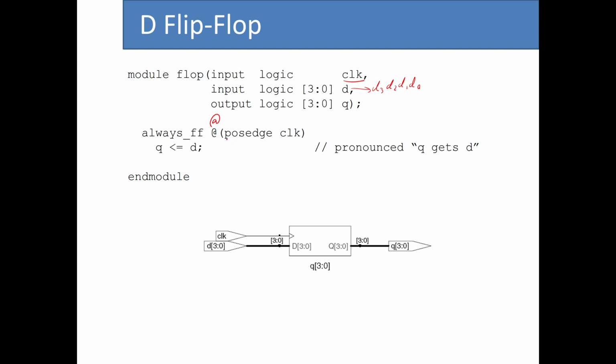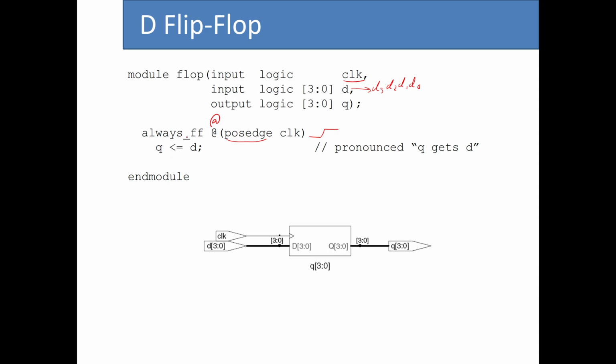That's why we use the keyword posedge and then clock. Any time a positive edge of the clock occurs, when the clock goes from 0 to 1, whatever is inside this always statement is going to be executed. At other times, this won't be executed.